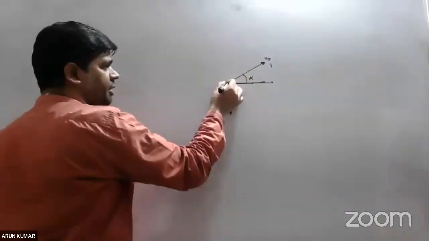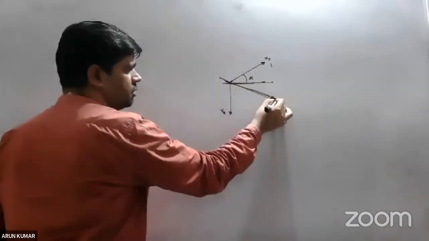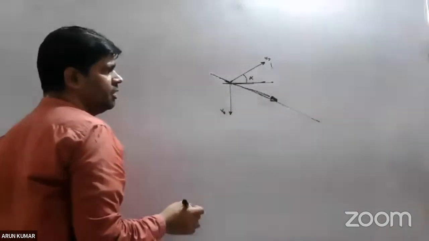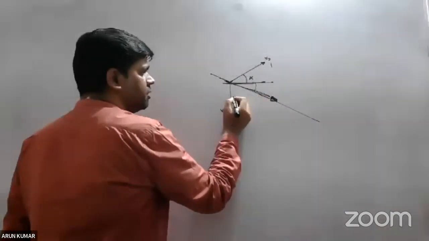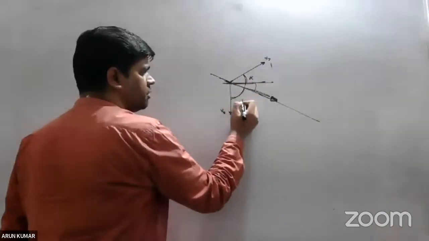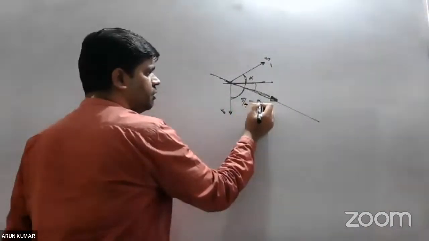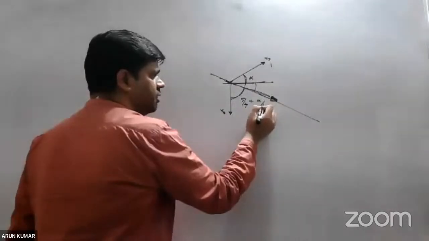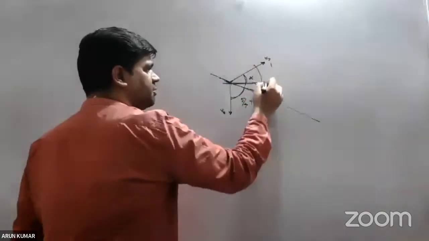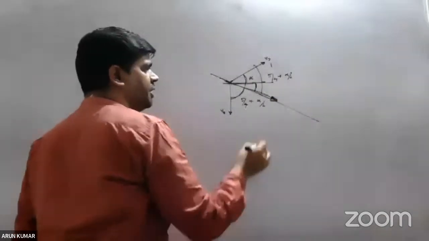The resultant of these two would be along the angle bisector here. Along this line, how much would it be? This whole angle is 90 plus alpha. So this is pi by 4 minus alpha plus alpha by 2.